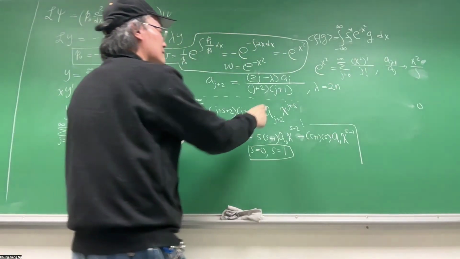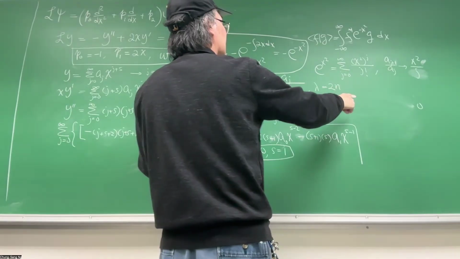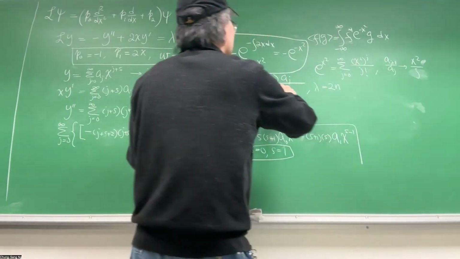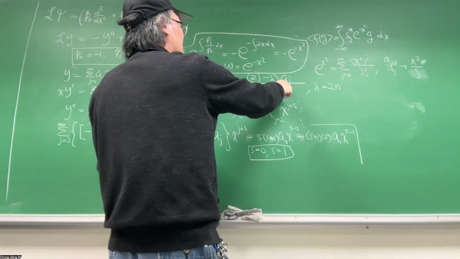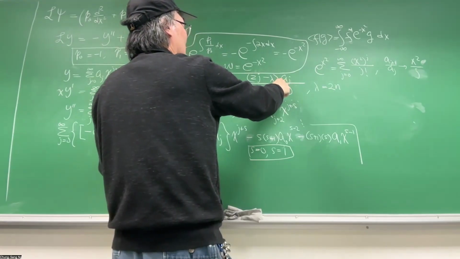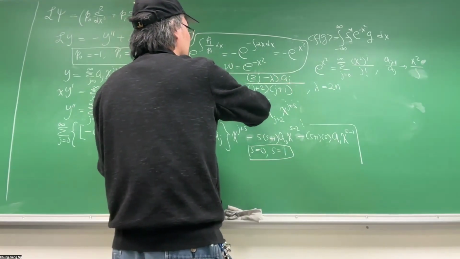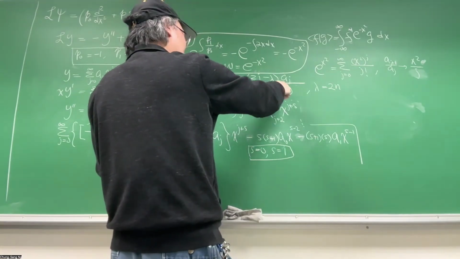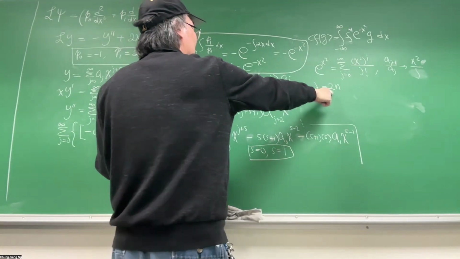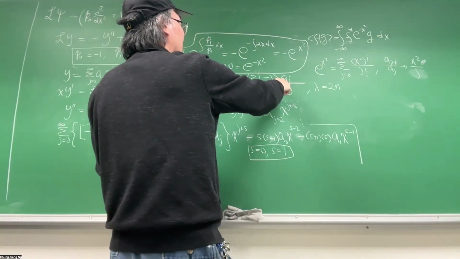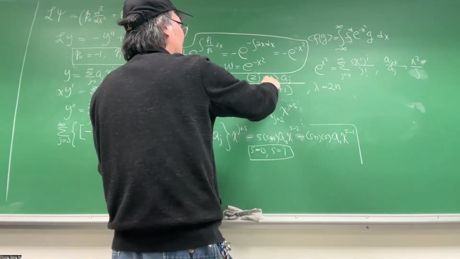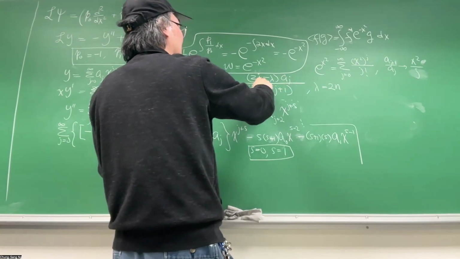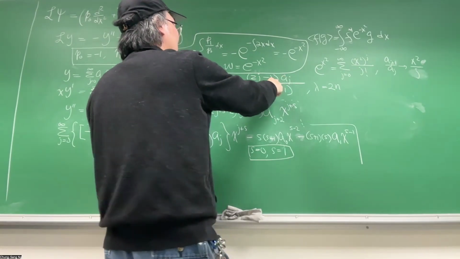Then the coefficients will all be finite, only up to 2n. So you have a sub 2n, but you multiply 2j minus 2 up to j equals n. Well, you get 2n minus 2n, which will be 0.